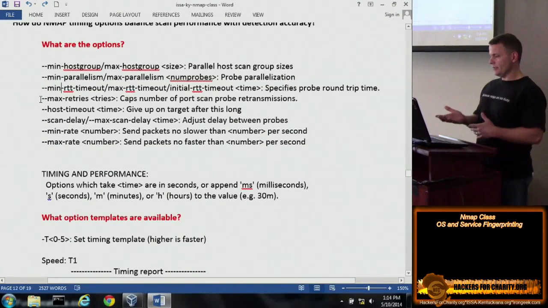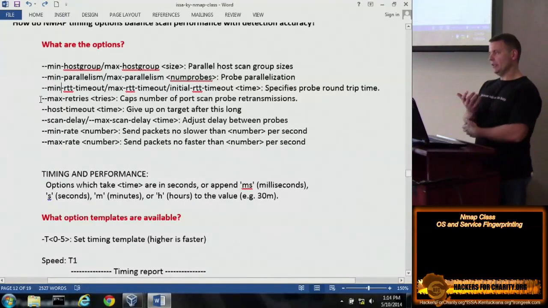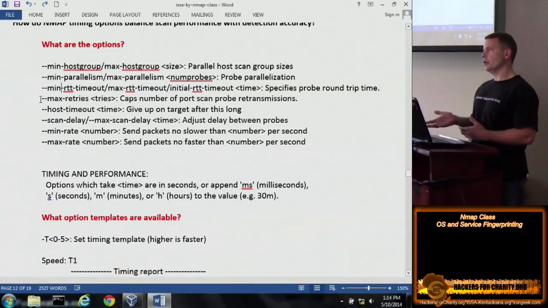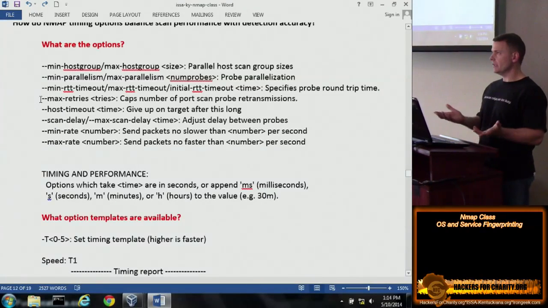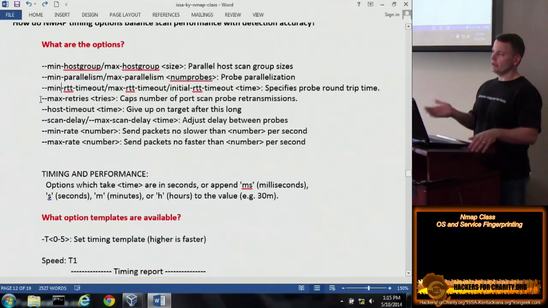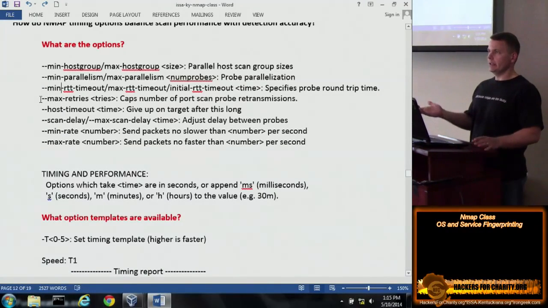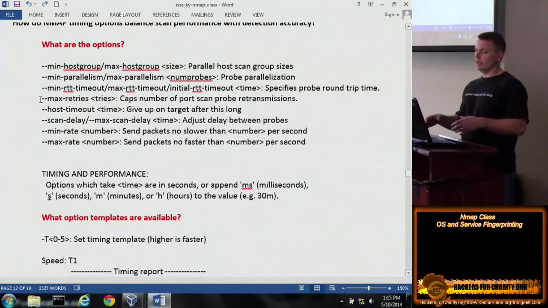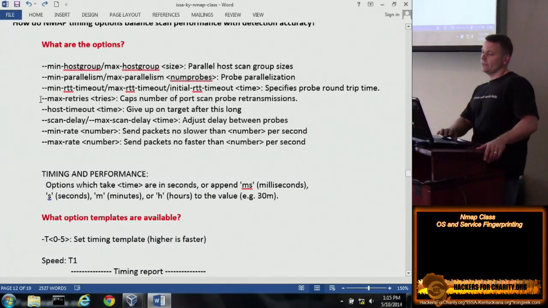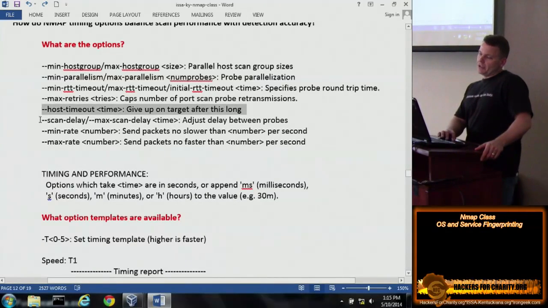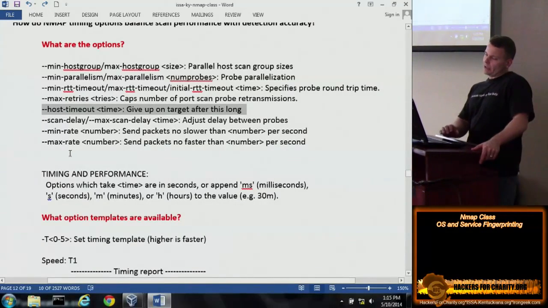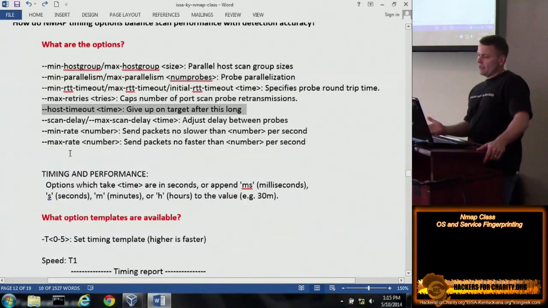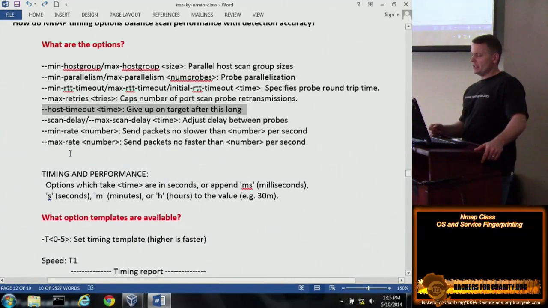The max retries is how many times it'll try the same exact probe again. So you could have 3 or 10 or whatever, and that would be the number of times it would try TCP port 21 on host 101, for example. Now you can give up on the hosts themselves after so many minutes. I think the default is 30 minutes if I'm not mistaken.